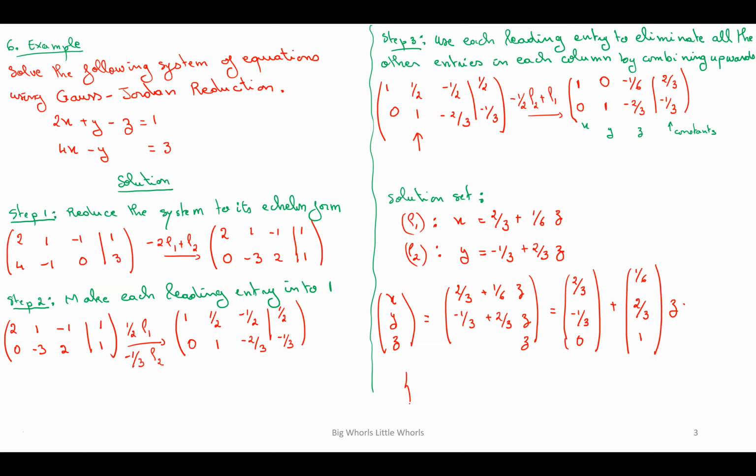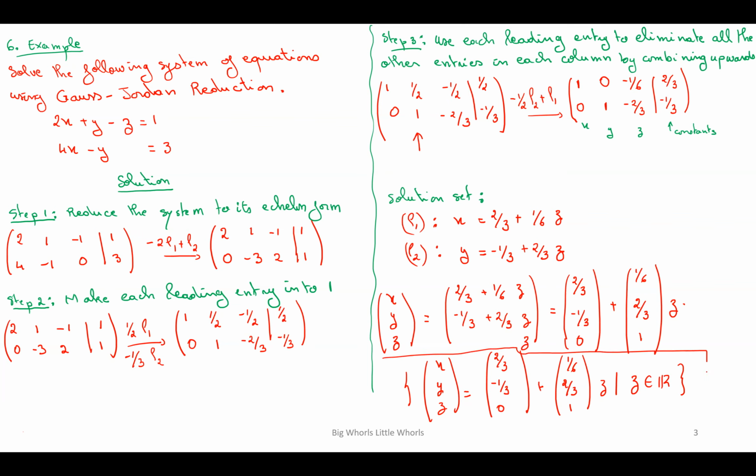So finally the solution set is x, y, z equals 2/3, minus 1/3, 0, plus 1/6, 2/3, 1 times z, such that z is free. That means z is r, it can take any value in r.